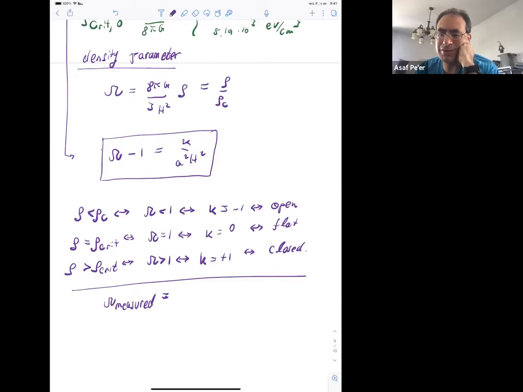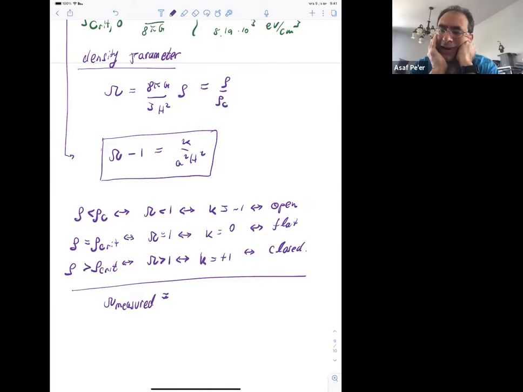I see that you're saying something, but I don't hear, so maybe your microphone is closed. Check your mics. Does any of you know what is the measured value of omega? Does any of you want to guess?